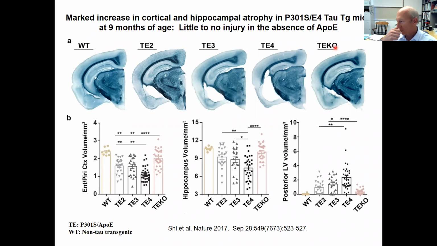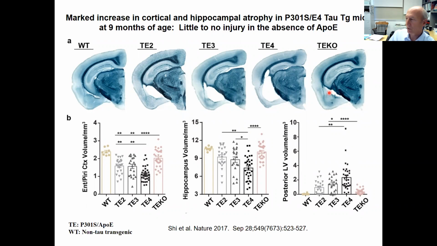And what was surprising when we took the animals' brains out at about 9.5 months of age, when these mice have a lot of neurodegeneration, for example, in the hippocampus, entorhinal piriform cortex, amygdala, you can see that there's a major damage occurring in those brain regions with concomitant ventricular dilatation, but that with E3 and E2, the damage is somewhat less. And what's really striking was that there was almost no damage at all in the absence of APOE. So we said, well, that's interesting.